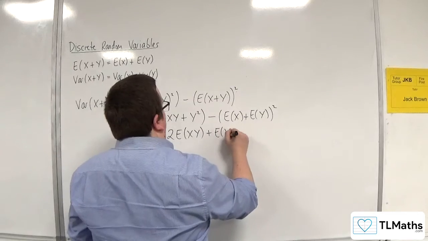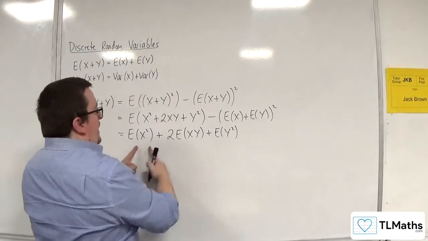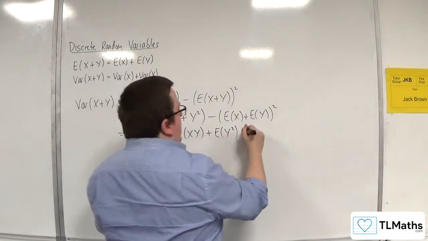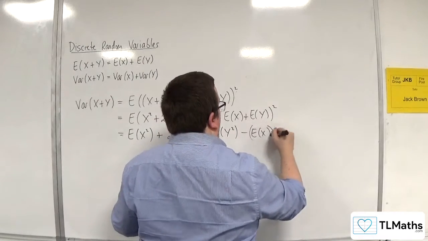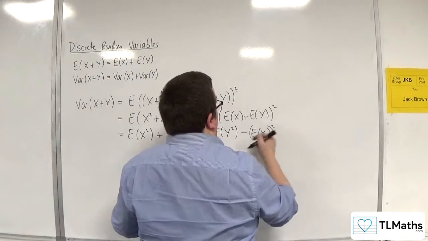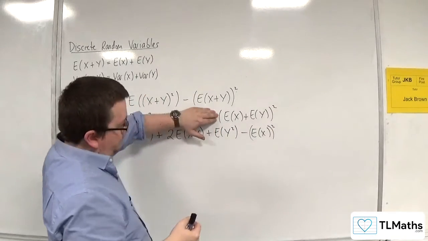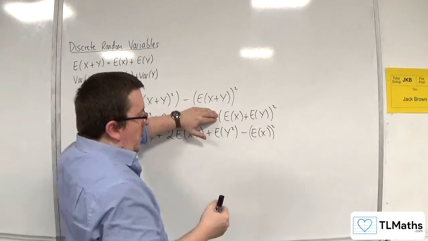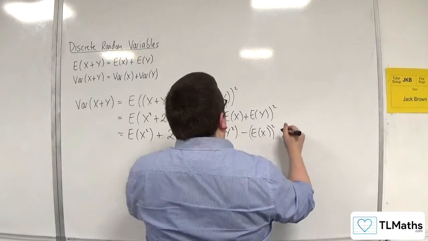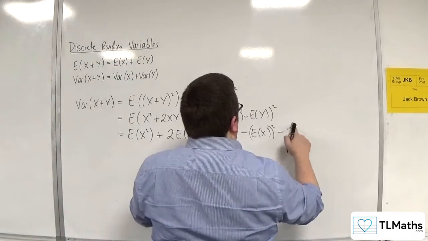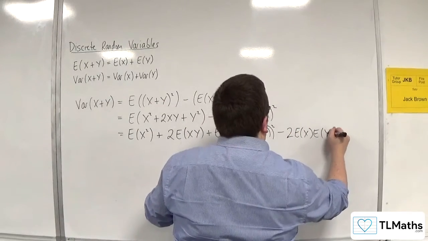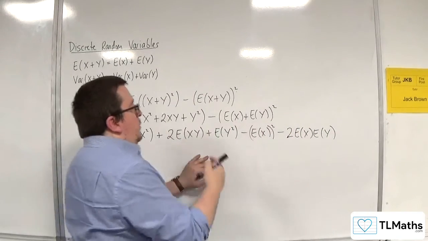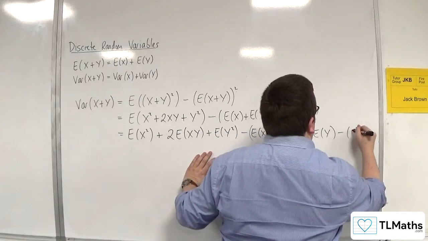Plus E of y squared. So I can split that up into that. And here I'm going to have E of x squared, take away 2 lots of E of x, E of y, and take away E of y squared.